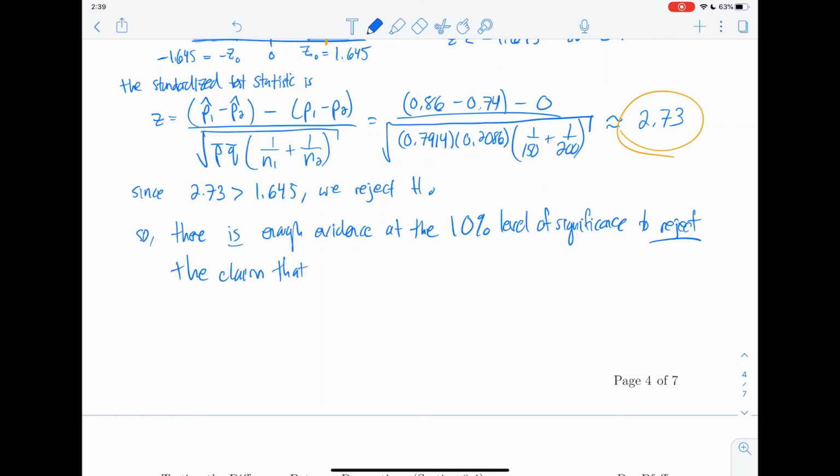And what is the claim? We of course interpret it. The claim was that the proportion of occupants who wear seatbelts is the same for cars and trucks.